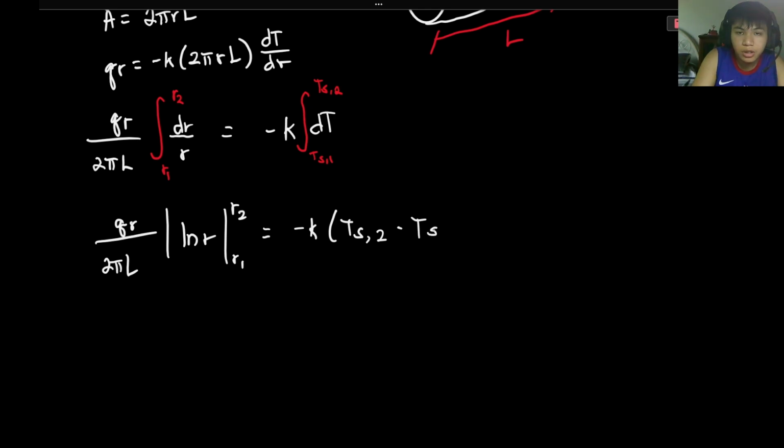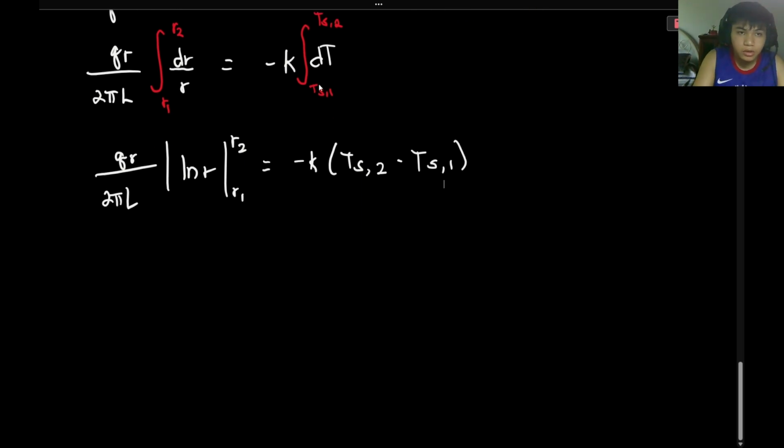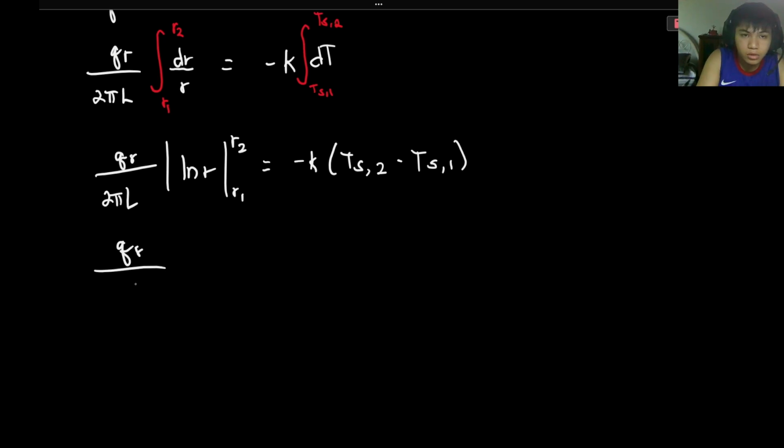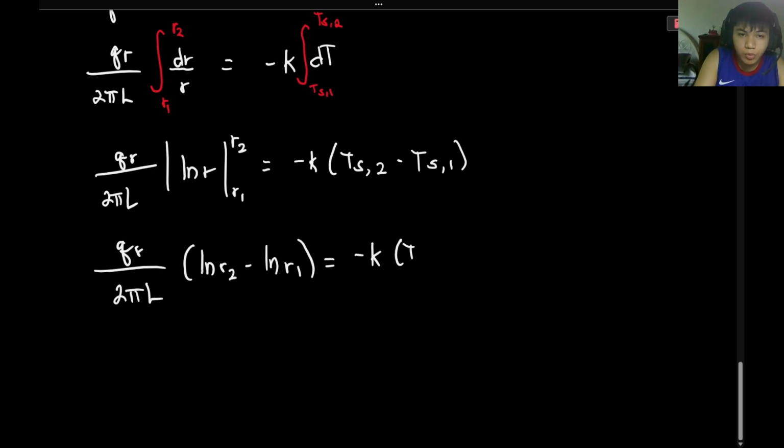Ts2 minus Ts1, right? Simplifying, we have QR over 2 pi L, and now we have ln of r2 minus ln of r1 is equal to the same thing. We will simplify this later so we don't get confused.